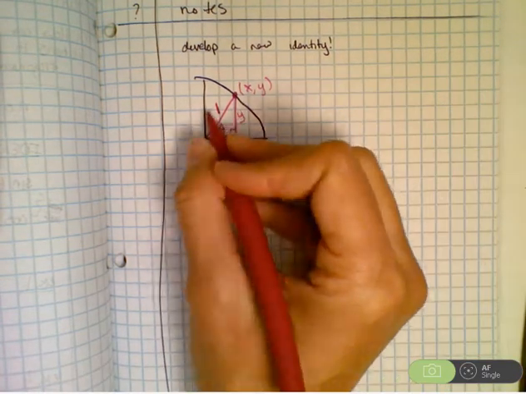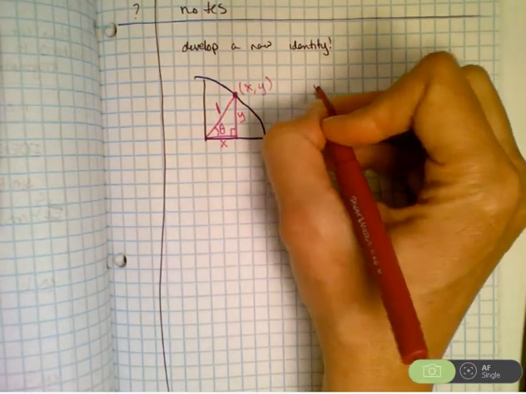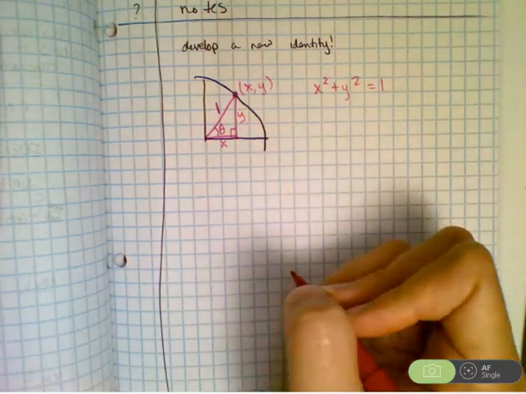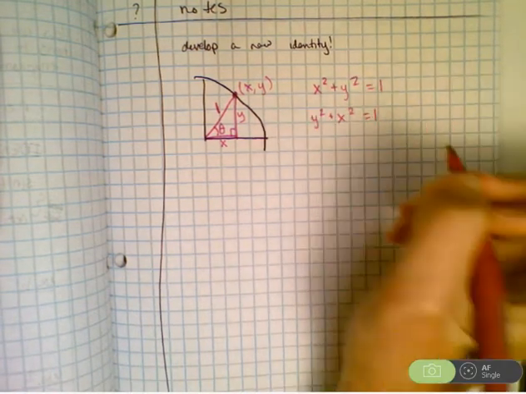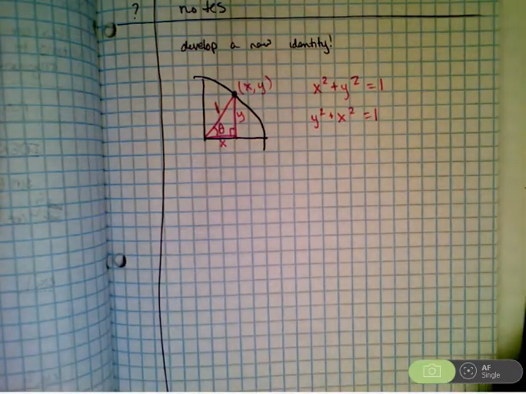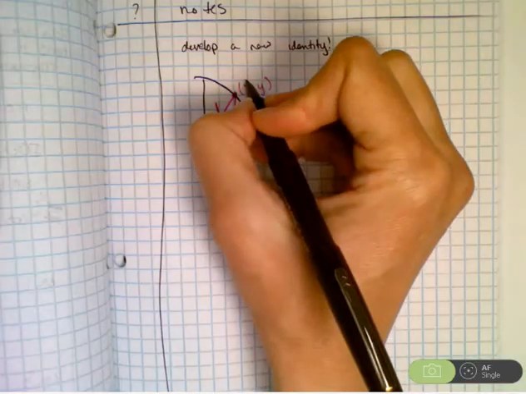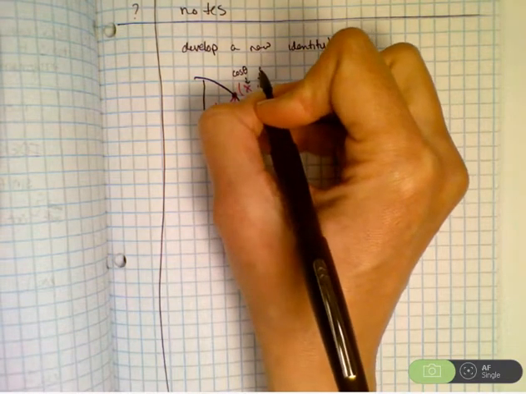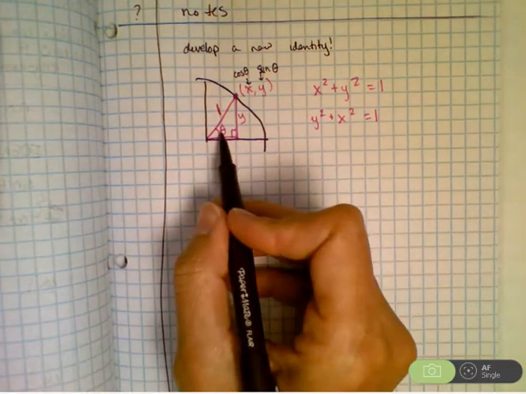And then hopefully, if you look at that and you think about the relationships between those, you can see that x squared plus y squared has to equal 1. Or we could write it the other way. Y squared plus x squared equals 1. Right? Both of those mean the same thing. But if we think about that a little bit more, the fact that we're on the unit circle means that the x is the cosine of the angle and the y is the sine of the angle, whatever this angle is.